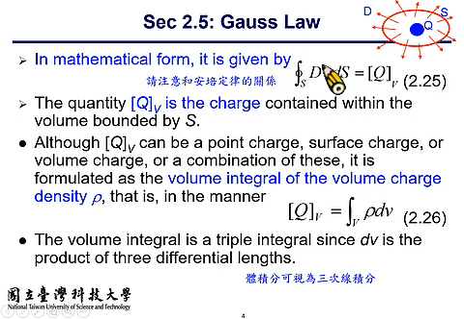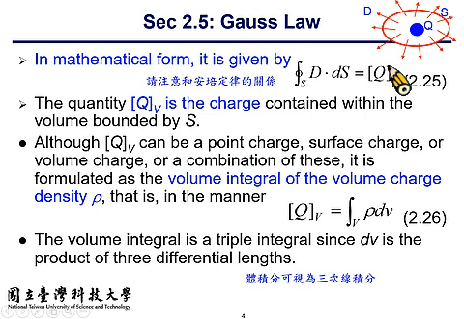To the left is a surface integral, a closed surface integral. As you can see here, it is not only a surface integral of displacement flux D, it is also a closed surface integral. Since this is a closed surface, the region, the space within this closed surface is a volume. Then to the right is the total charge residing within this volume.